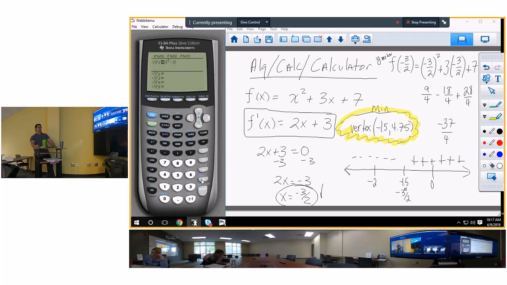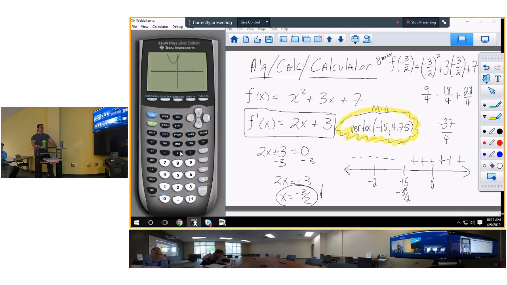Plus 3x plus 7. And hit the graph key. And there it is. And we said that it was going to be decreasing on the left and increasing on the right. So all we got to do is find the vertex. So what do we hit?